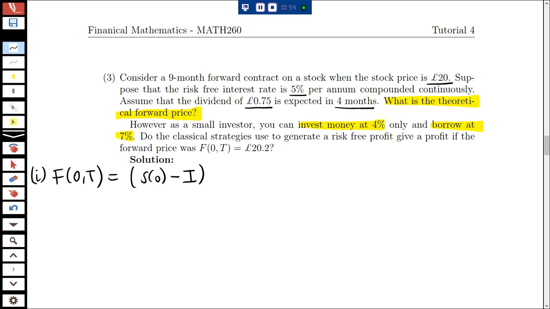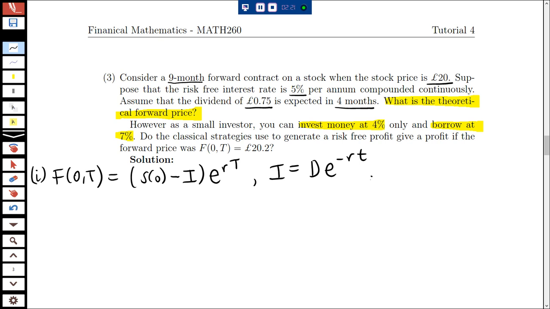This is the underlying cost. And then we compound this up to the expiry date, which is 9 months. Always miss that one. Okay, and the income is the dividend as a present value.